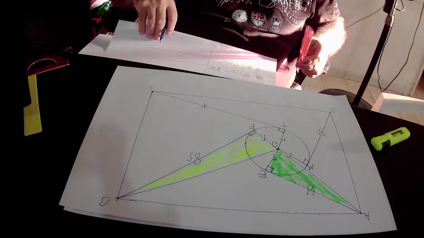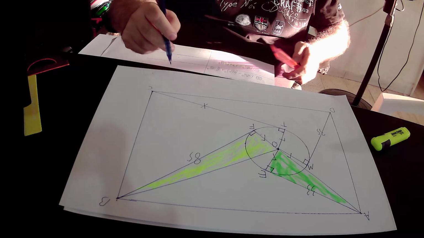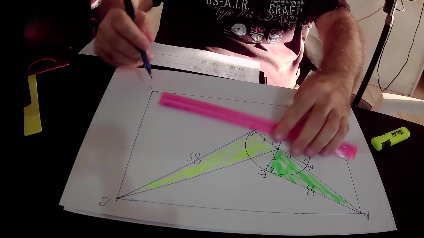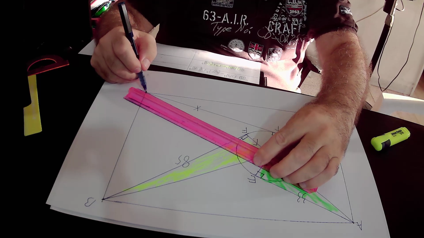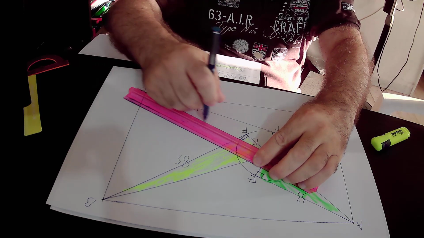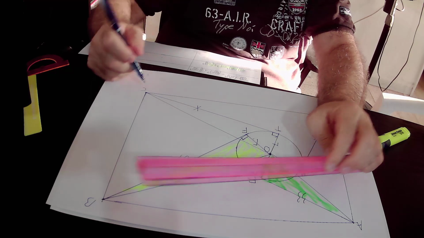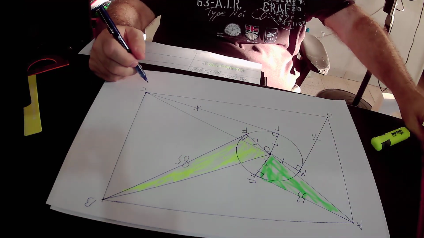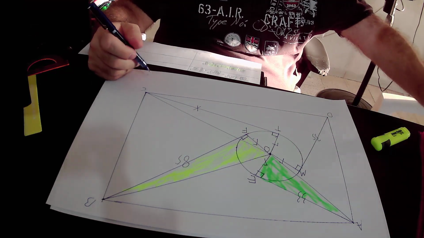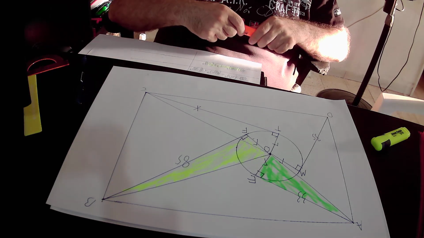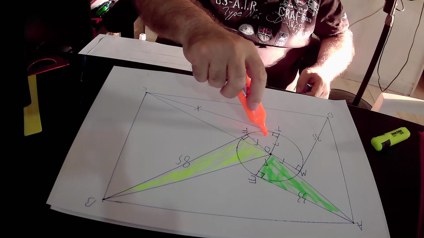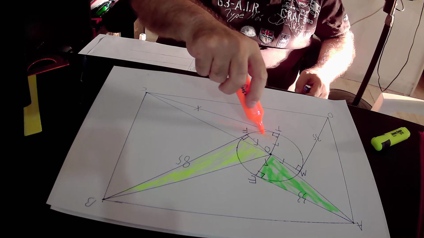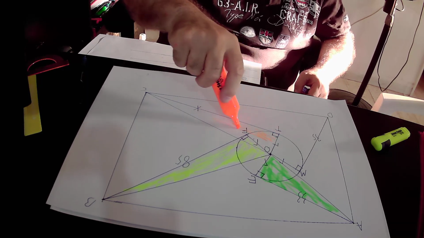In the next step, we'll join points O and C together by a straight line. And we'll implement the Pythagoras theorem on the right orange triangle OTC.